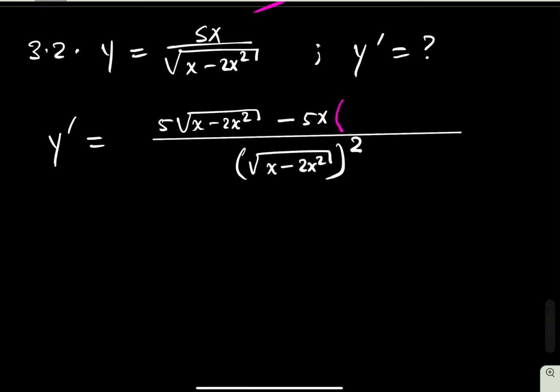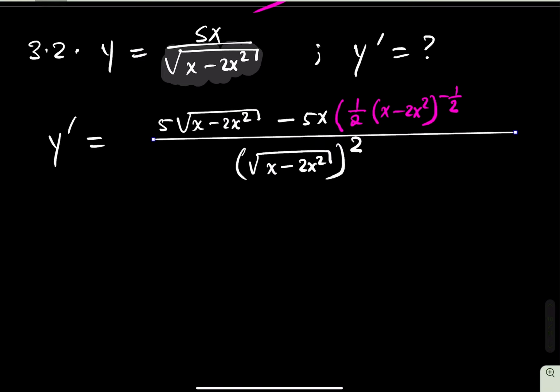We are applying the quotient rule, but this derivative is primarily a chain rule. So I'm going to use a chain rule there, and that is to say it's 1 over 2 into x minus 2x squared to the power negative 1 over 2. Let me enlarge this line, and then multiply by the derivative of what is inside. So you get 1 minus 4x. That is the derivative of what is inside. You can always close that.